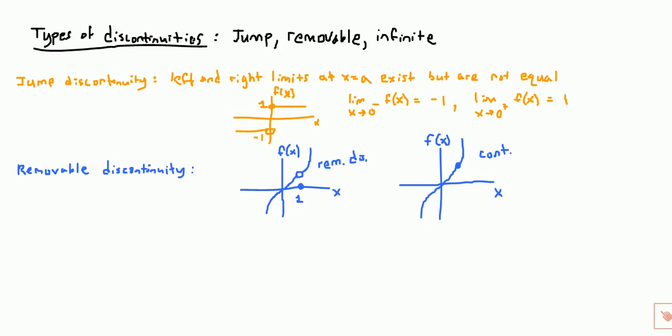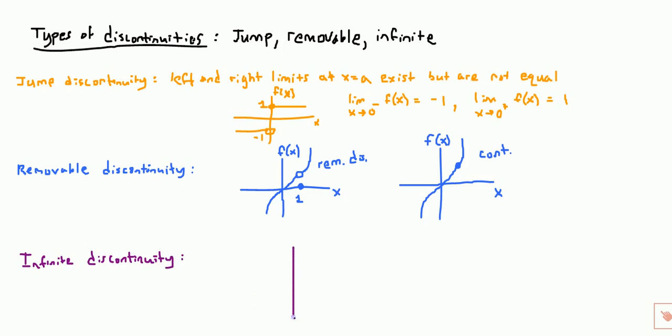Okay? And the last one, infinite discontinuity. So like the name implies, an infinite discontinuity has some sort of relationship to something going to infinity.